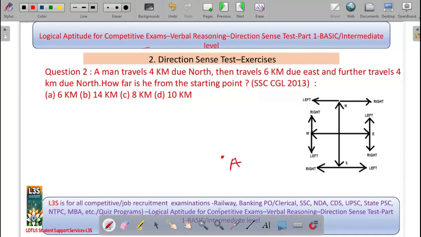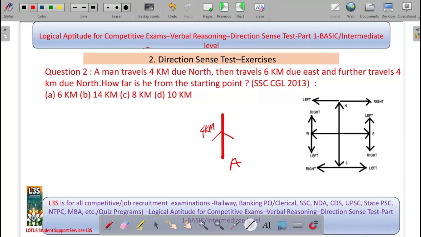Now he will go 4 km towards north. This is 4 km. Then he travels 6 km due east.